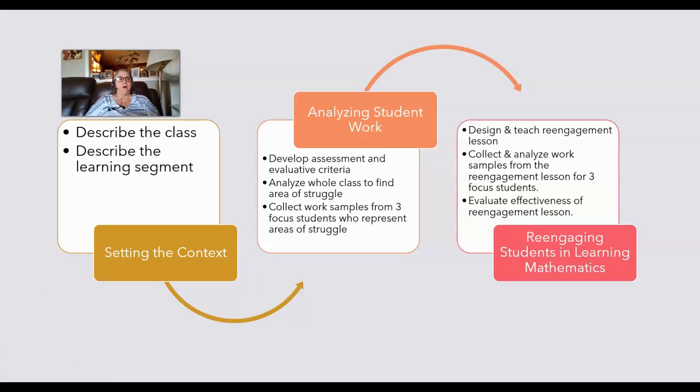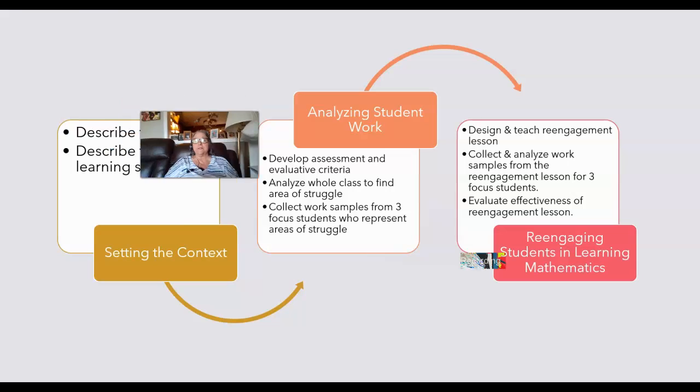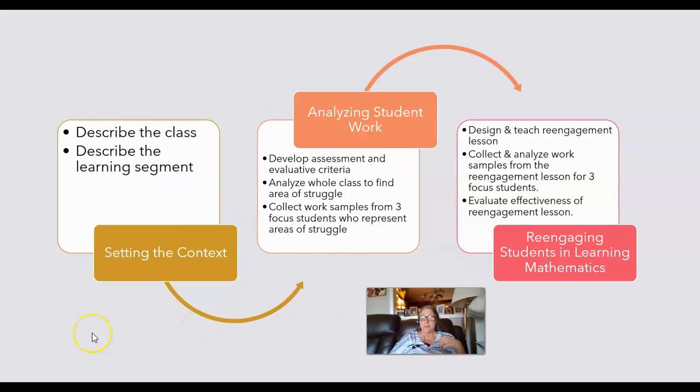All right, so far I have an overview for the whole task 4, and once you've gotten to this part when you're working on prompt 2, you will have already described your class with your context for learning, described your learning segment with the little template that's included, and developed an assessment and evaluation criteria, which are Part C and Part D of the artifacts.